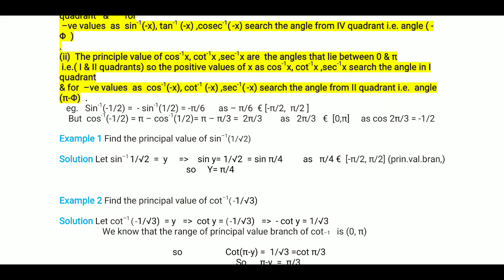But cos inverse minus half is equal to pi minus cos inverse half, that is pi minus pi/3. Cos inverse half means the angle whose cos is half, that is pi/3. So pi minus pi by 3 gives you 2 pi by 3, as 2 pi by 3 belongs to the closed set 0 to pi.